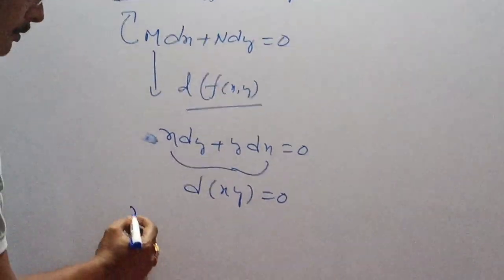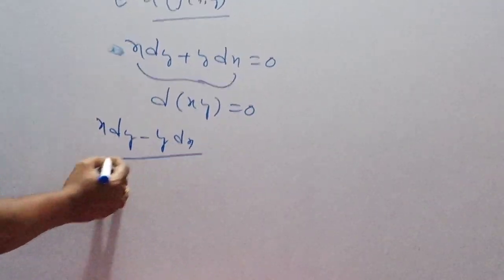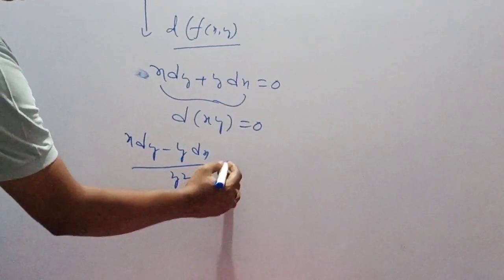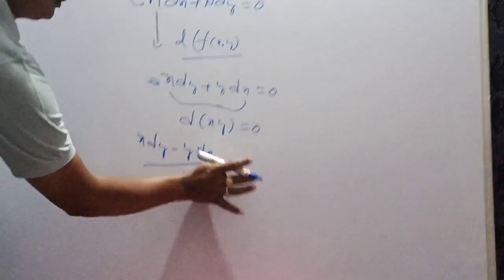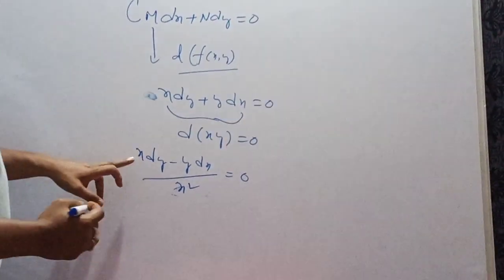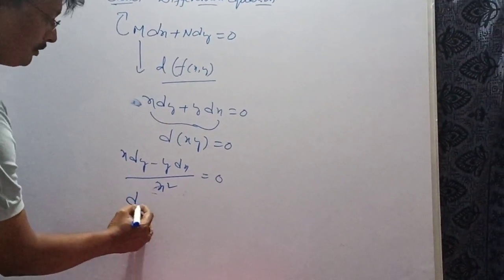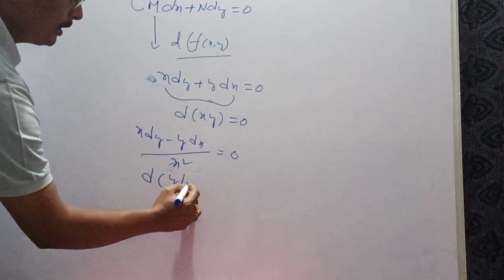Similarly, you observe (x dy minus y dx) by x square equal to 0. This is the formula for the derivative of y by x.